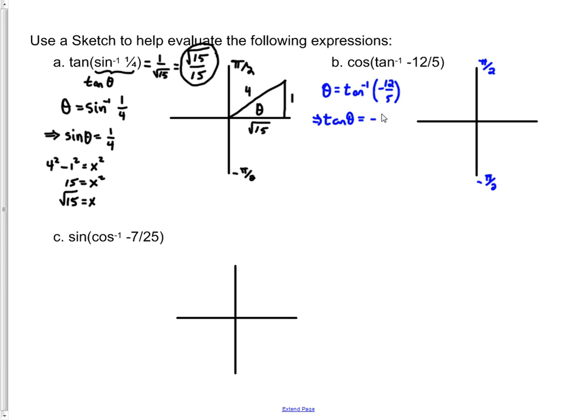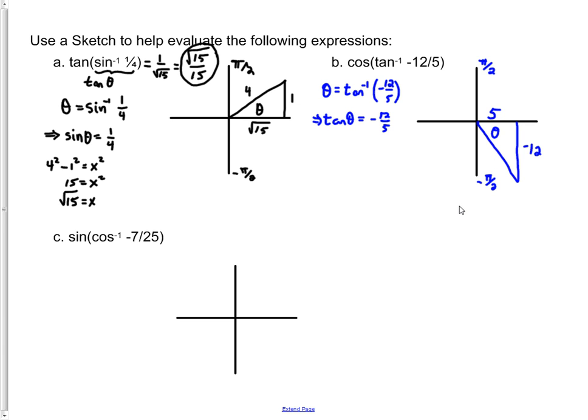is equal to negative 12 over 5, which implies that if we draw our angle in the fourth quadrant, it has an opposite to adjacent side ratio of negative 12 to positive 5. So what does that make our hypotenuse?